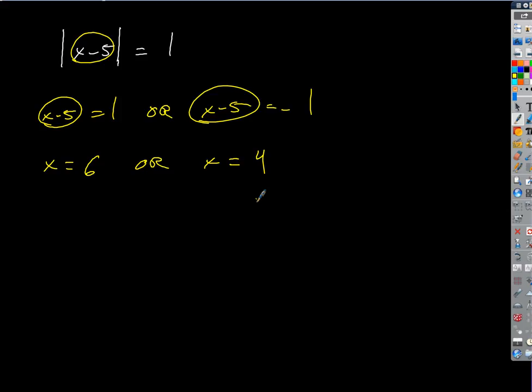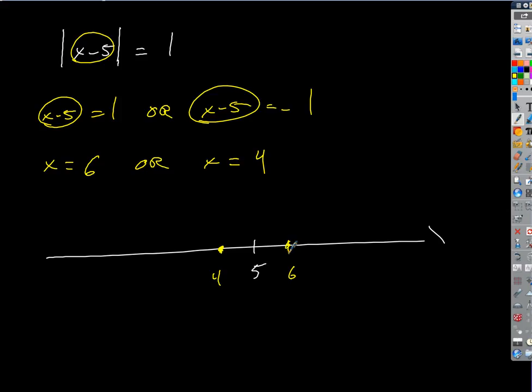Okay. What does that look like on our real number line? Isn't that like saying, okay, if this is the number 5, those are my solutions, right? What's unique about those?